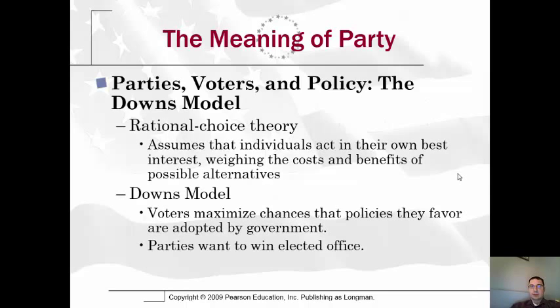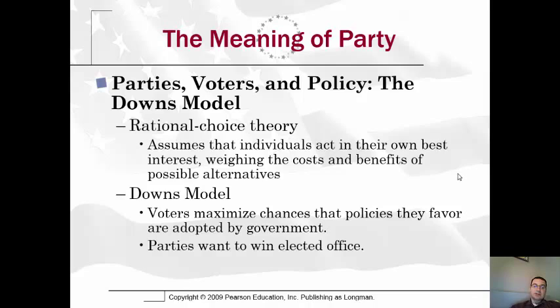The Downs model: Anthony Downs is a famous political scientist who has done a lot of statistical work on parties and other things. When people are voting, what Downs theorized is that individuals act in their own best interest, weighing the costs and benefits of possible alternatives. So when people are looking at who to vote for, which party to support, they are going to act in their own best interest.